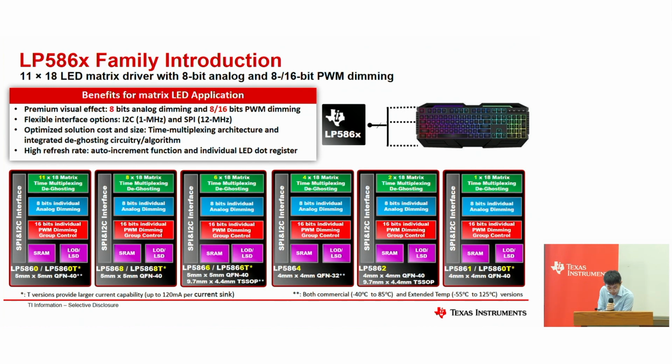You can see down below the variant device family: we have the LP5860, and also the LP5860T. The T here stands for turbo. With the turbo engine, you will have 100 milliamperes to support a higher brightness on your matrix LED animation patterns.